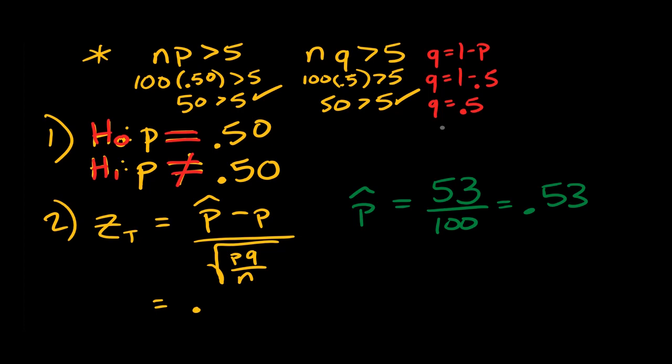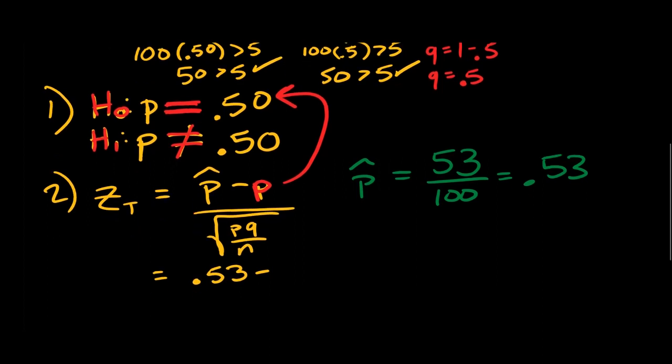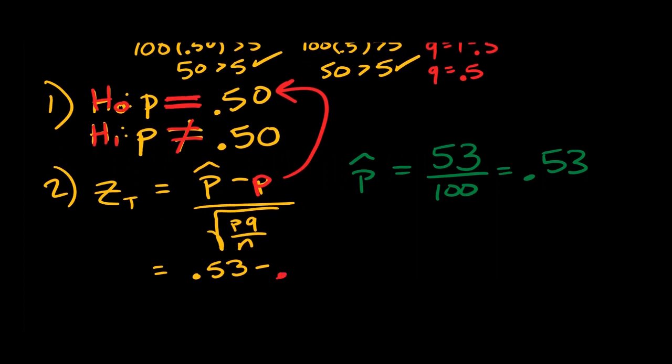So we have 0.53 minus, what's p? This p in this formula will always come from the null hypothesis. It comes from our assumption. That's why the null hypothesis has to have the equal sign. P equals 0.5.